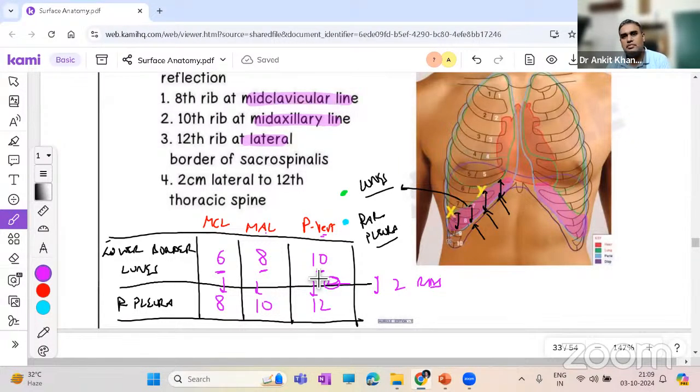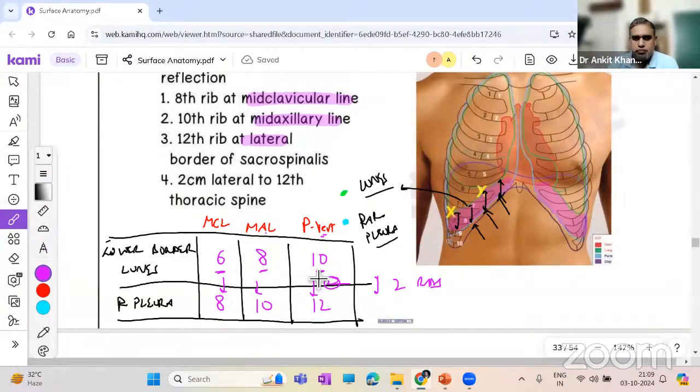Therefore, if you are doing a pleural tap, taking fluid out of the pleural space, you have to ask the patient to hold the breath for a few seconds. Else, the needle is going inside and the person is breathing, lungs are moving up and down, it could damage the organ. This is done in resting phase.